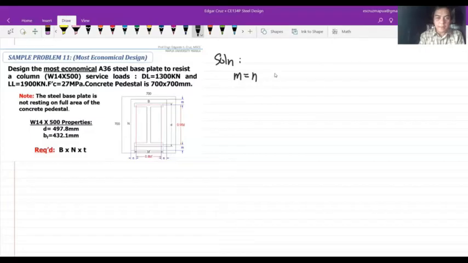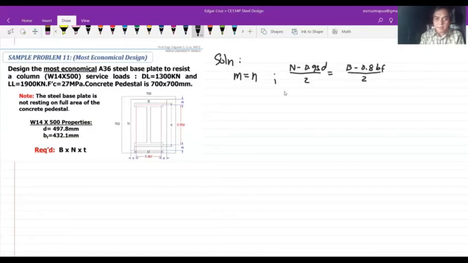So what is M? Based from the figure, M is capital N minus 0.95 of D over 2. And N is the side dimension, which is B minus 0.8 of BF over 2.